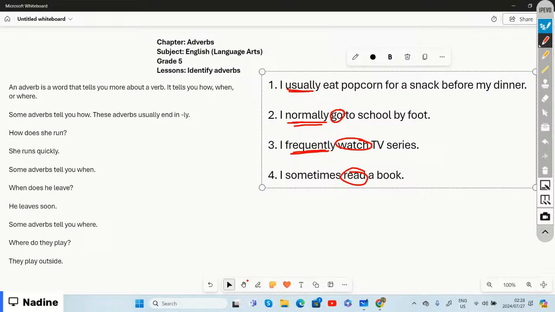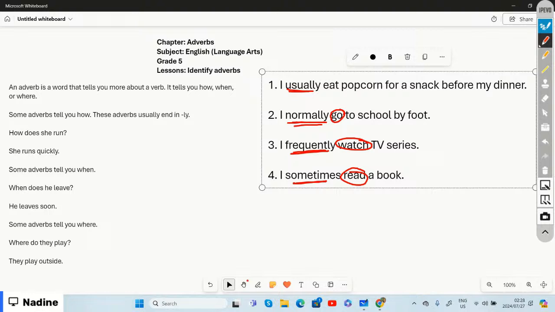All right. Yes, well done. So sometimes is our adverb. I sometimes read a book.